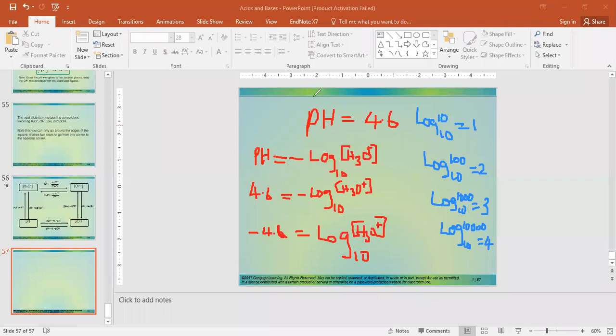So this means if you take this base, can you see what I have circled? Yes. And you raise it to this power, then this becomes your answer. Remember your relationship? If you take this 10 and raise it to power 2, you get 100.